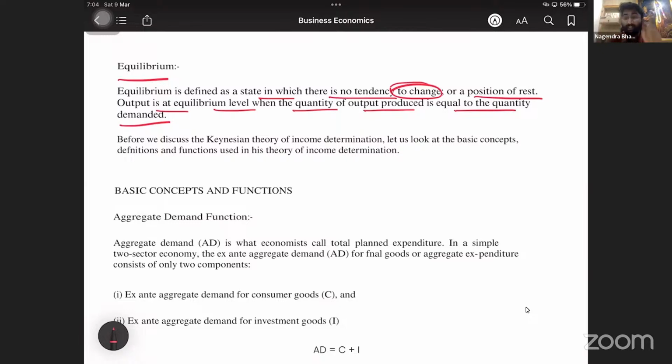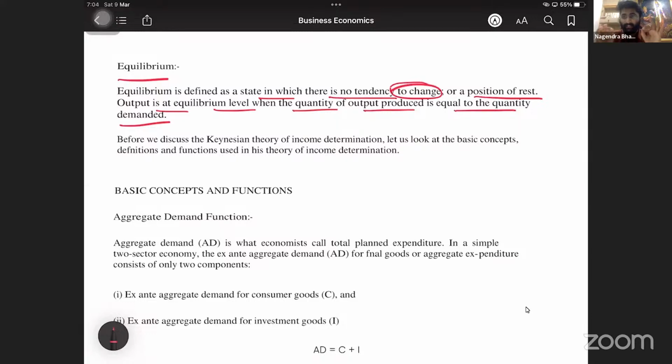This is called equilibrium. No one is unhappy here. Everyone is happy. Whatever the consumer is asking, that is produced by the firm. Whatever is produced by the firm, exactly that quantity is required by the consumer. This is called equilibrium.